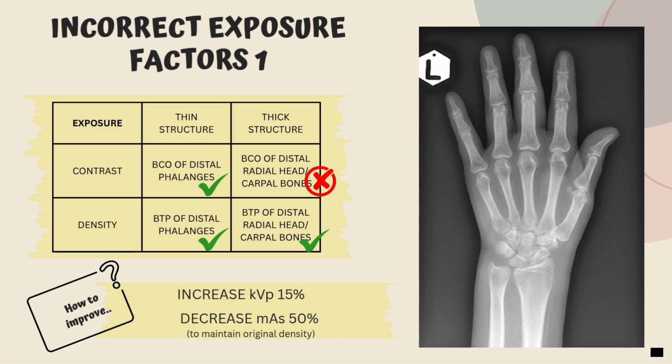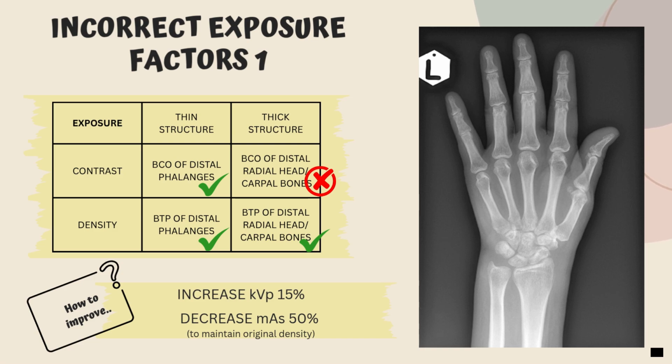For contrast in this radiograph, the thin structure, which is the bony cortical outline of the distal phalanx, is clearly seen, but the thicker structures, such as the bony cortical outline of the carpal bones, are not well visualized. This suggests that the exposure is inadequate, resulting in poor contrast.